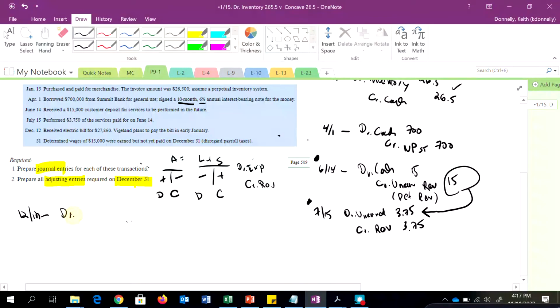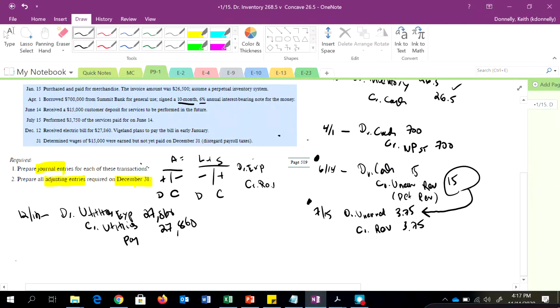So we're going to debit utilities expense for $27,860. And then we're going to credit utilities payable for $27,860. We didn't actually pay cash for it, right? We just got the bill in the mail. But still, under the revenue recognition and the expense when incurred principles, we still have to accrue it.